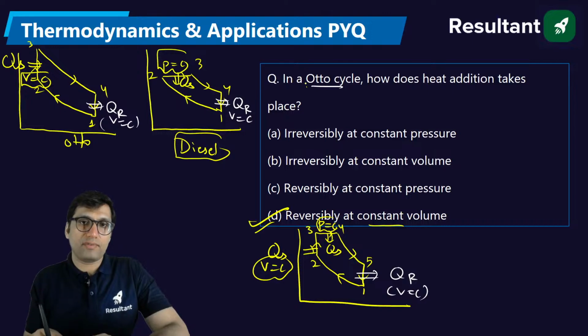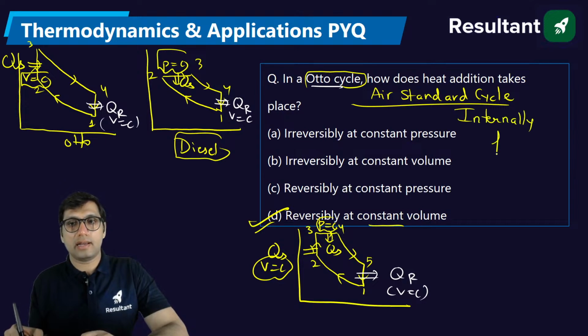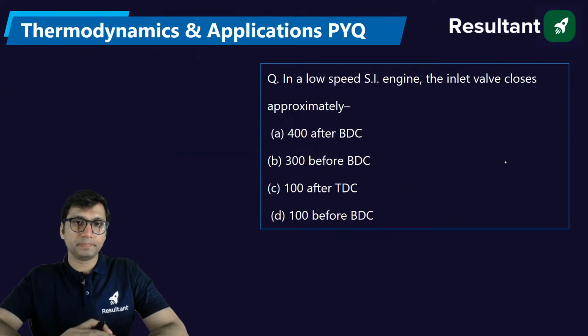Because when we generally study the Otto cycle, we are talking about the air standard Otto cycle, and in the air standard Otto cycle all the processes are internally reversible. That is why the heat addition will also take place reversibly.